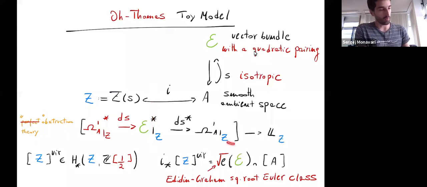So keeping this part and trying to extract half the information from this bundle using the isotropicity. And this extracting half will give you a complex which is just given by two terms. So you can go and rely on the Behrend-Fantechi construction, of course, with many adaptations. But extracting half will introduce all the square rooting that we are going to produce. So this is why you need the isotropicity and this quadratic pairing to go over it.